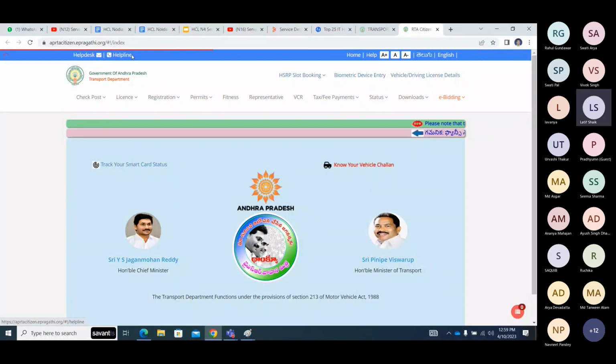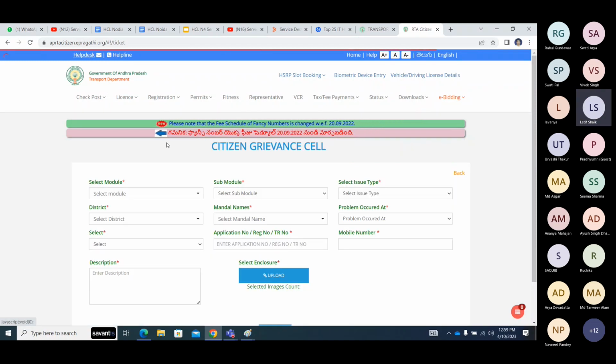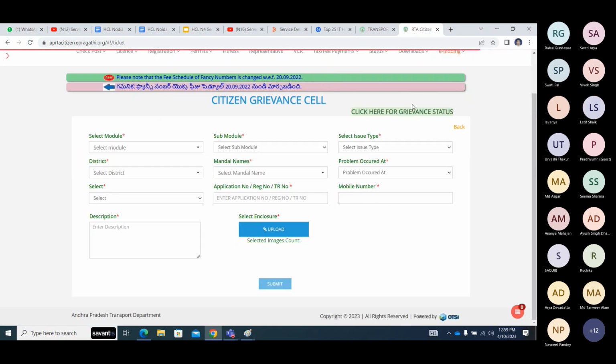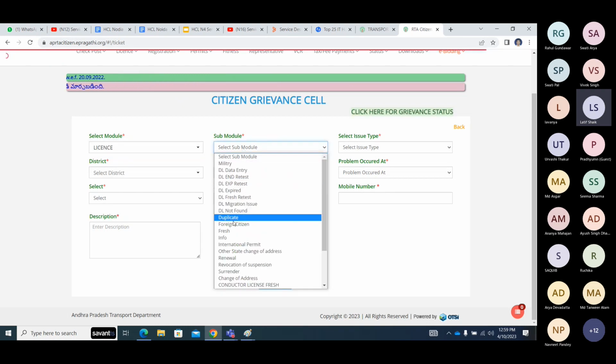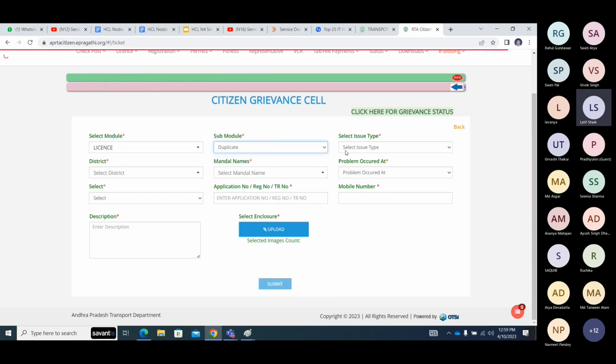Okay, so can you see the helpline for getting information or reporting issues. Help desk, this is a simple portal you can see. You can select the module, what complaint I want to give, license related, what is the sub module, I want a duplicate license, I want a data of issue, saving, screenshot.